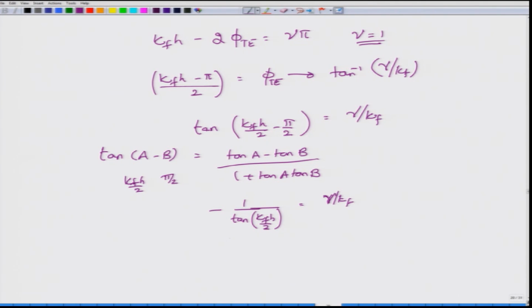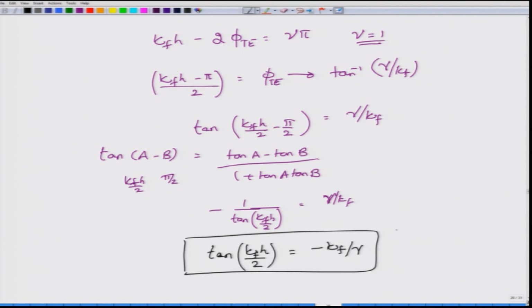Interchanging these, you end up with another equation, this time valid for odd modes of this waveguide: tan of kappa f h by 2 equals minus kappa f by gamma. This condition is valid for odd TE modes, because we have been considering only TE waves.